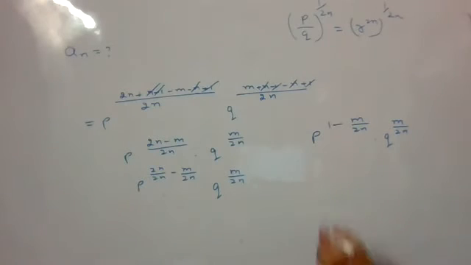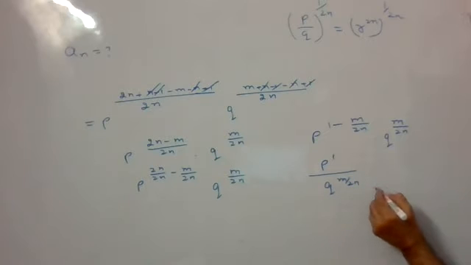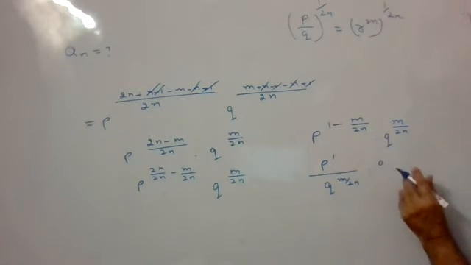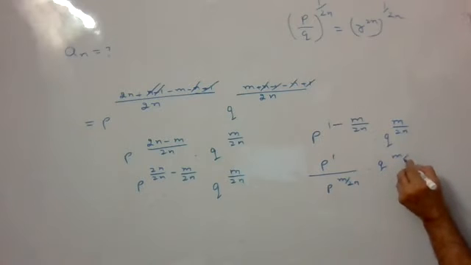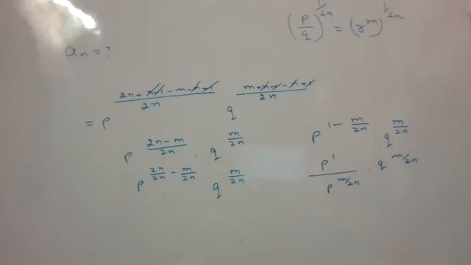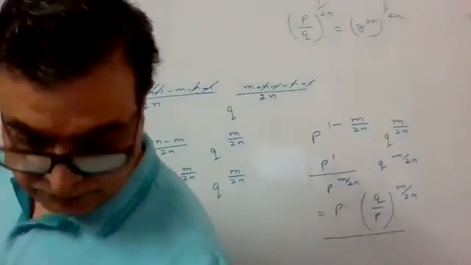Then I'll write this as P power 1 by Q power M by 2N, into P. This is P, sorry. So what will my answer be? P remains as it is, and these two have the same power, so I'll say Q by P power M by 2N. This is the answer.